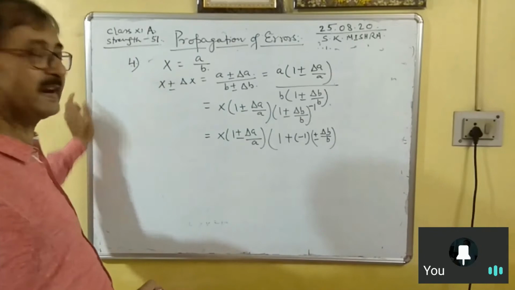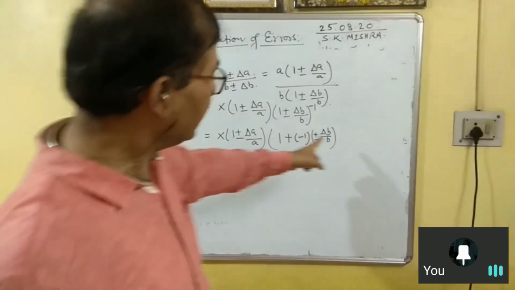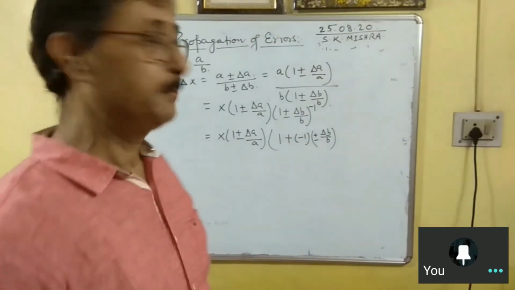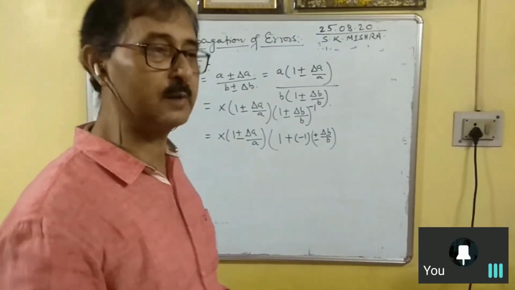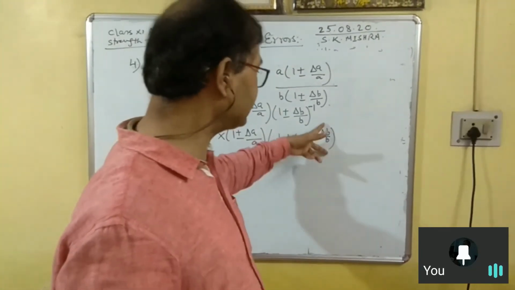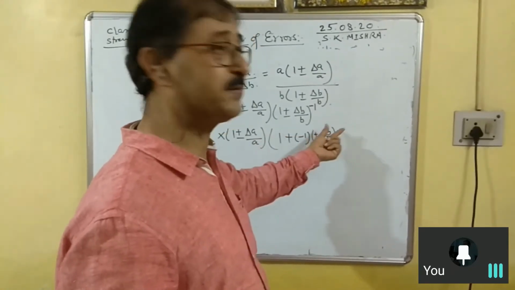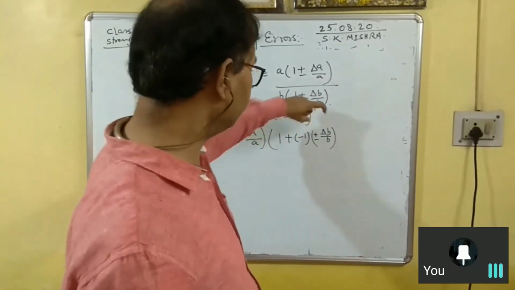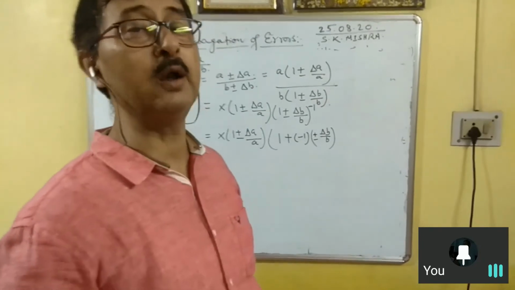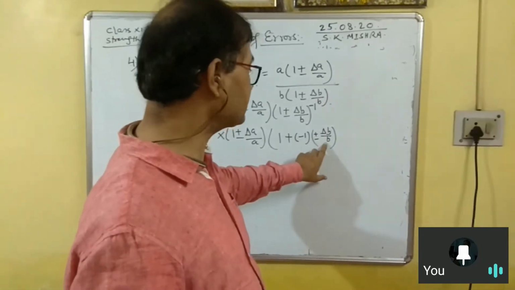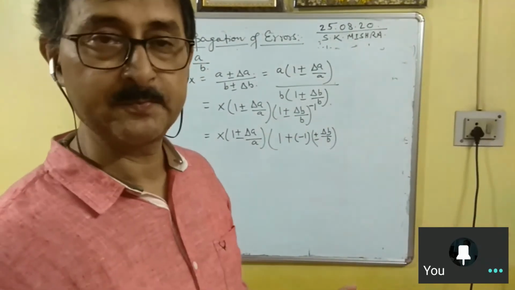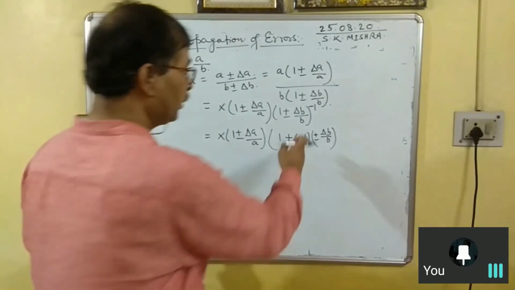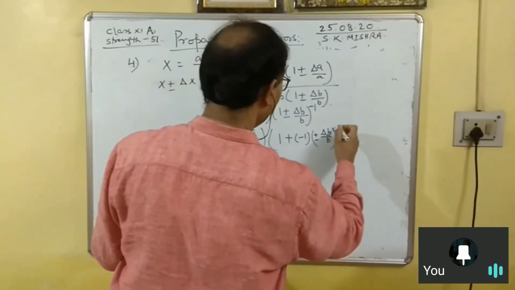Now ignore the higher order terms, because the next term is n into n minus 1 by factorial 2 into x square. Since delta b is very small, squaring it, the result will be very, very small, and then dividing it by b square, you will have a very small number and you can ignore it. So that's why we are ignoring the higher powers, taking only two terms.